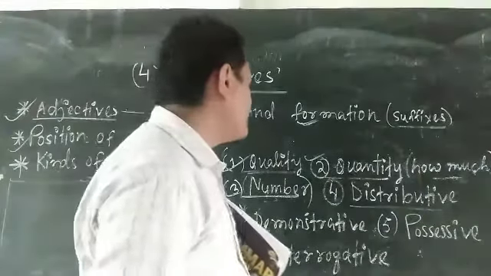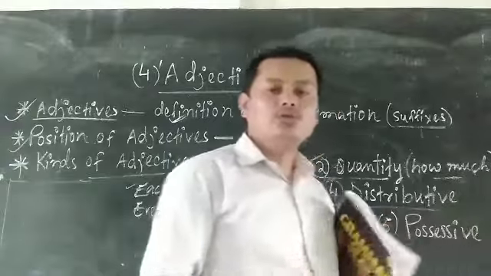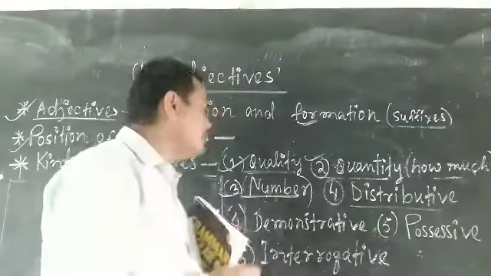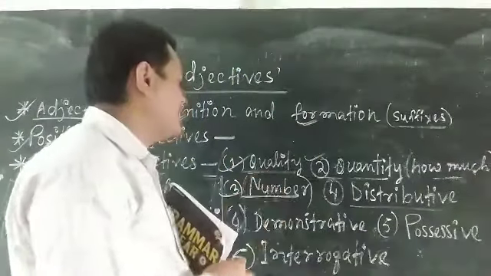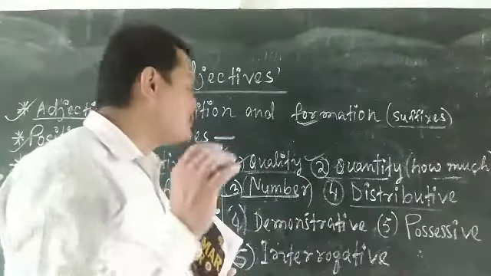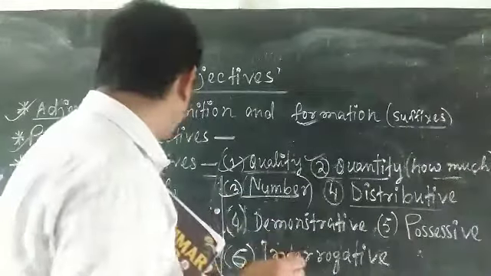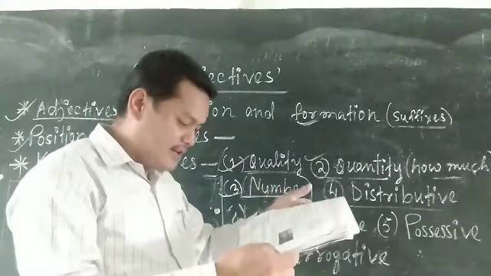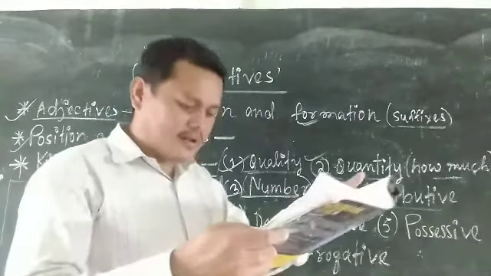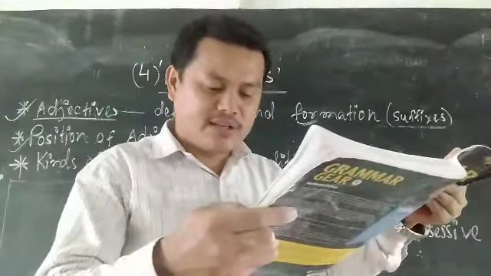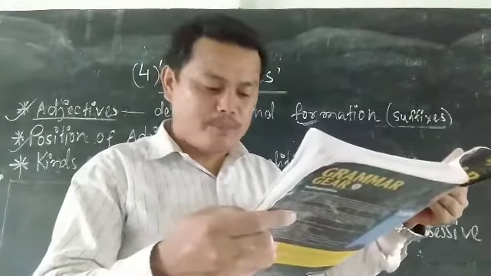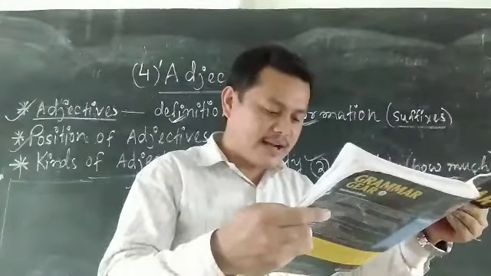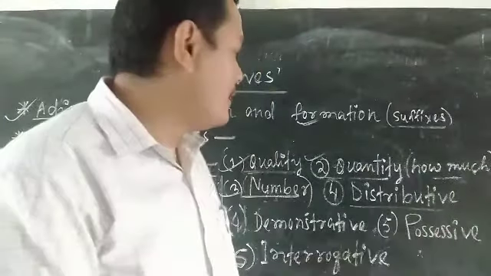So distributive adjectives mean those words which refer to each person in a group. For example, each, every. You can see this on page 19. Distributive adjectives refer to each person, place or thing separately in a pair or a group. Each, every, either and neither are distributive adjectives.